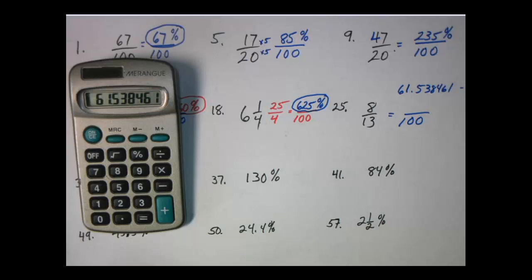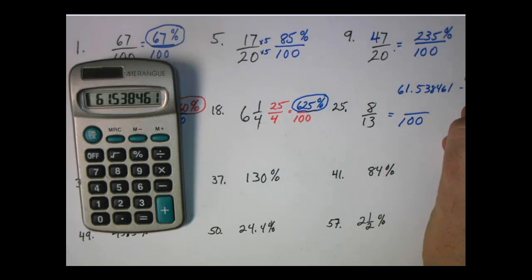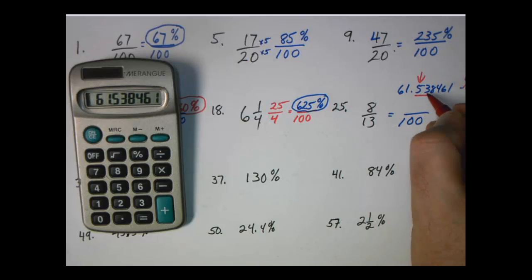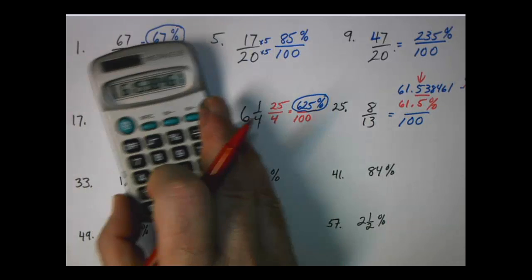It says we can go ahead and round to the nearest tenth of a percent, because percents are over 100, so this is a percent at this point. So we're going to round that. Here's the tenth. We take this one and the one to the right, so 53 is going to round down. Everything behind goes to zeros. We don't have to write it. Everything in front stays the same. And we've rounded that to the nearest tenth of a percent.